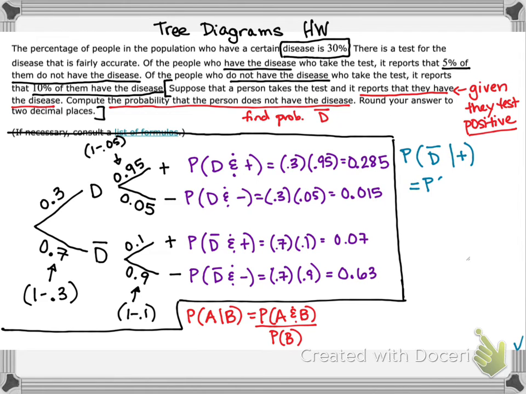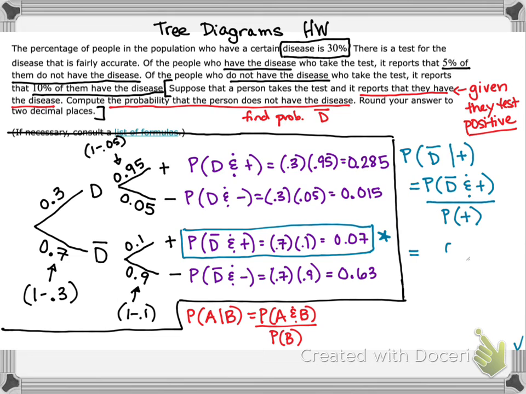Well, that means that they don't have the disease and they tested positive in the numerator, but the denominator is the probability that they test positive. So the trick to this question is that the numerator is line 3. This is someone who does not have the disease but did test positive. That's my numerator.